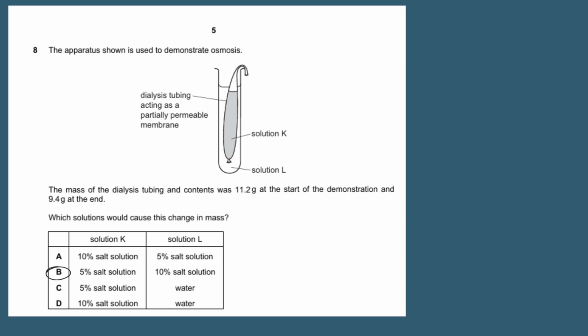The question mentions that the mass of dialysis tubing and contents was 11.2 gram at the start of the demonstration and 9.4 gram at the end. So in solution K the particle concentration is low, and in solution L it is high. So the movement should be from low concentration to high concentration.